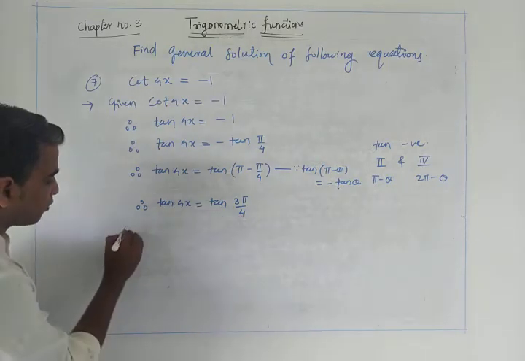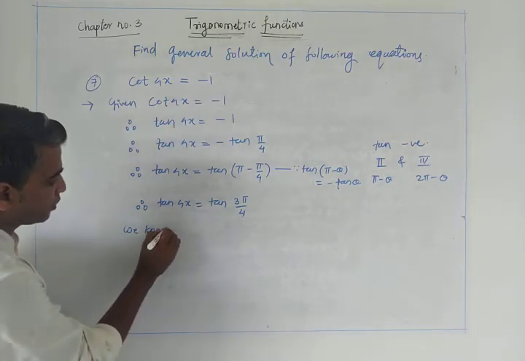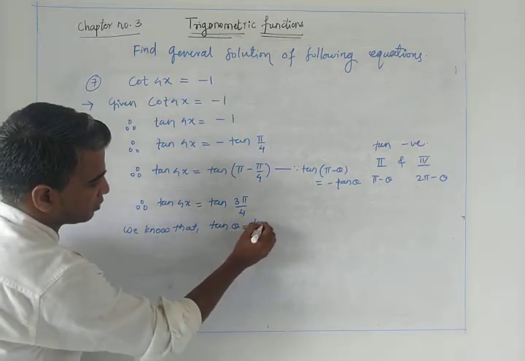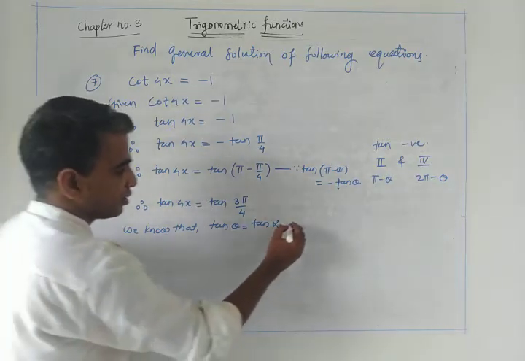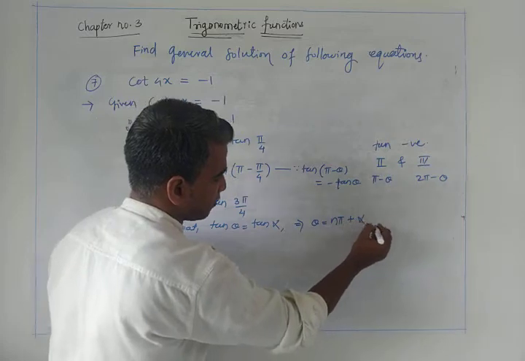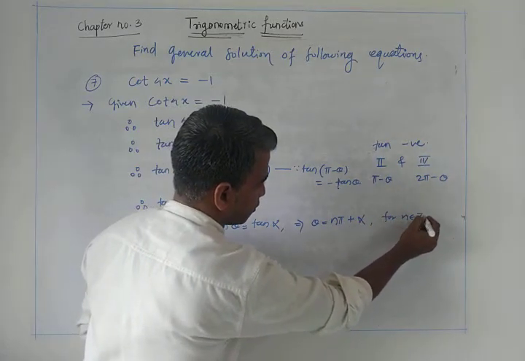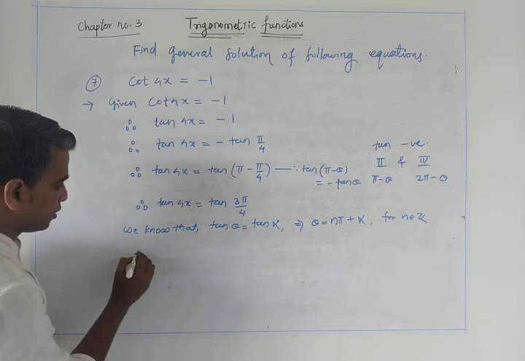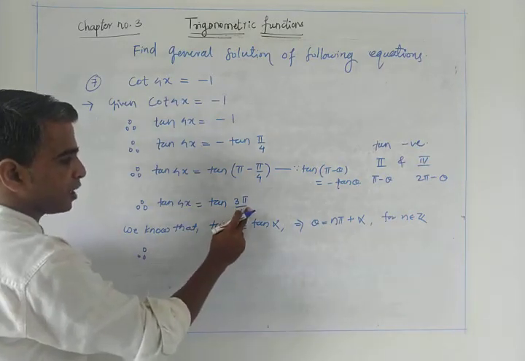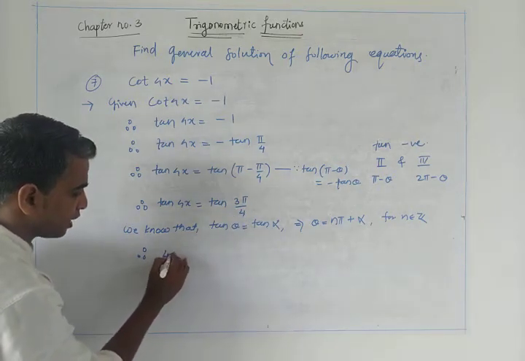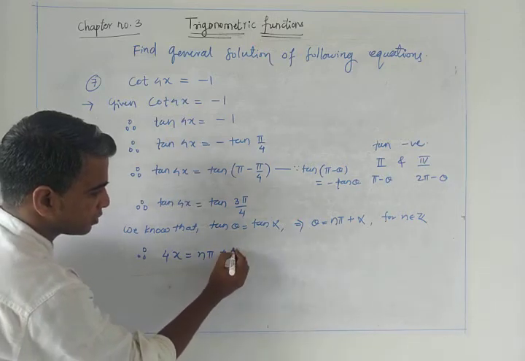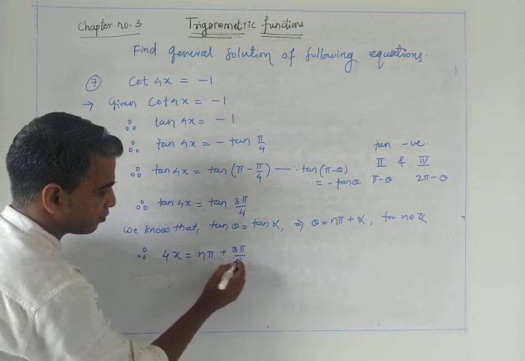So now we are going to use that formula. We know that if tan theta is equal to tan alpha, the result is theta is equal to n pi plus alpha for n belongs to Z. So as per that formula, the value of theta is 4x and the value of alpha is 3 pi by 4. So 4x is equal to n pi plus 3 pi upon 4.